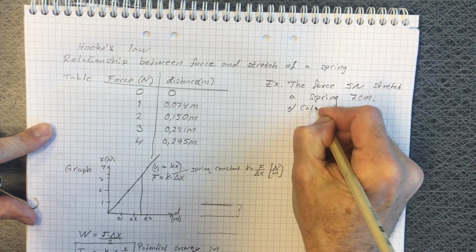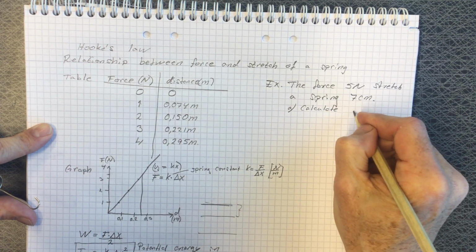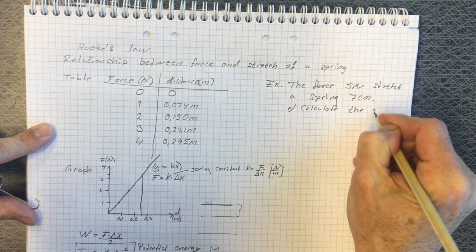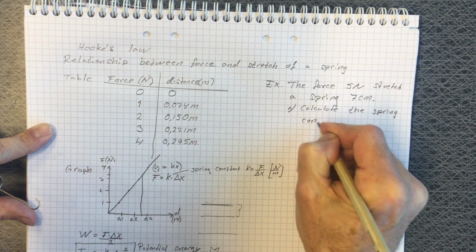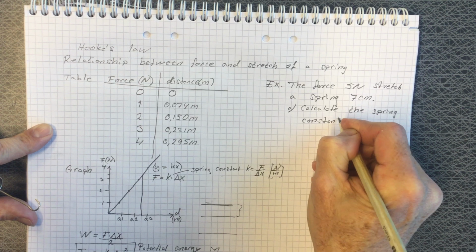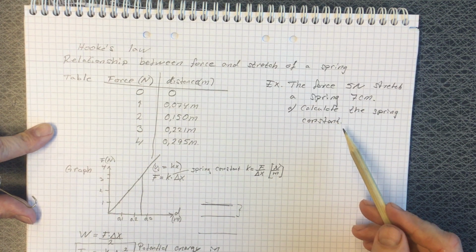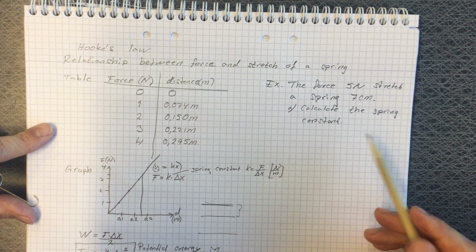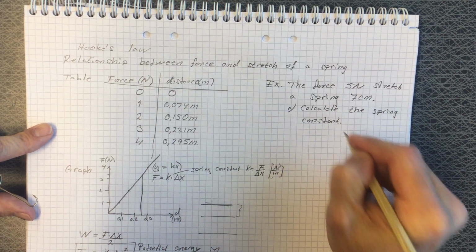A. Calculate the spring constant. Okay, if you know how to do it, you take a pause in the video, do it, and then you start again when you're done and see if we have the same answer.